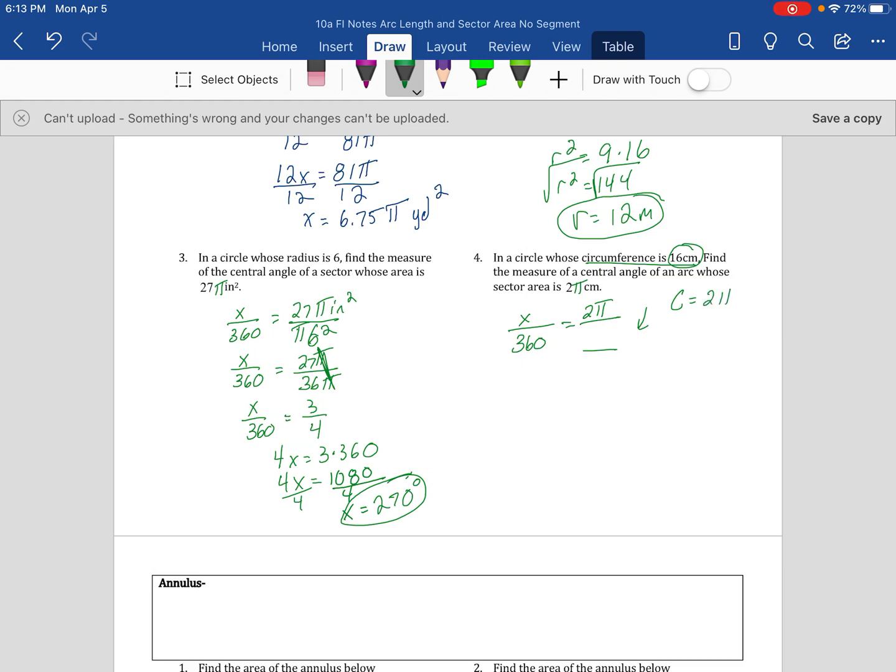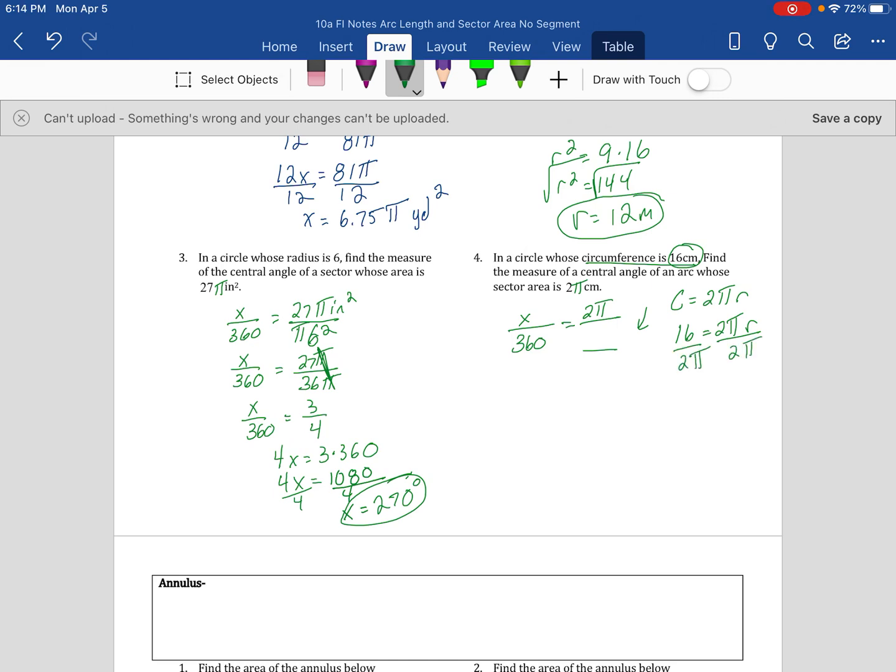Well, I know circumference is equal to 2 pi r. So if my circumference is 16 centimeters, then I have enough information to find my radius.